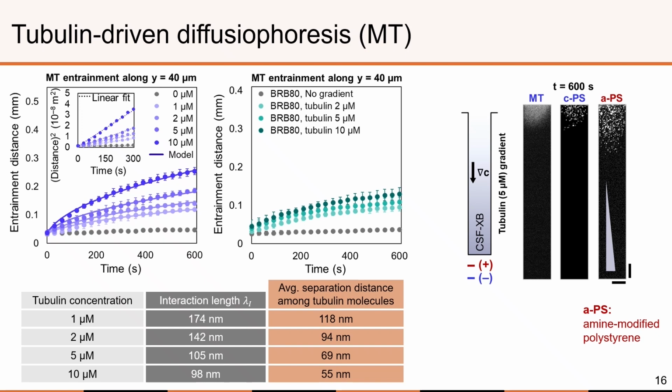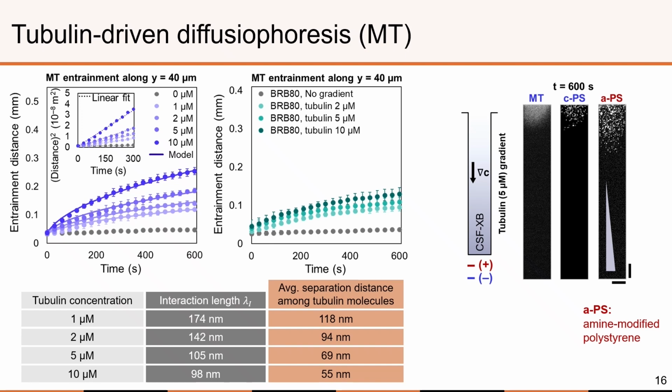We confirmed that the amine-modified polystyrene particles migrate up the tubulin gradient, opposite to the migration direction of microtubules and carboxylate-modified polystyrene particles. So far, we have identified the diffusiophoresis mechanism for microtubules in the presence of tubulin and magnesium chloride gradients within buffer environments.